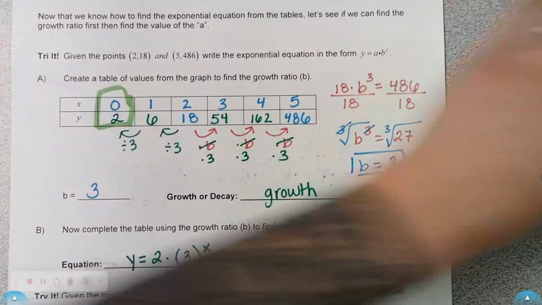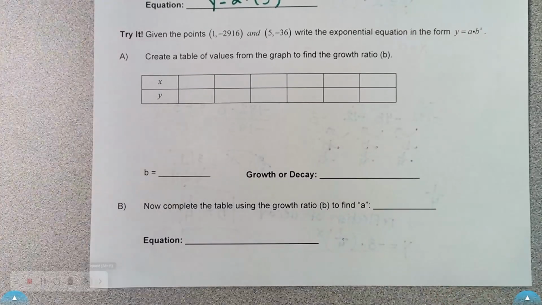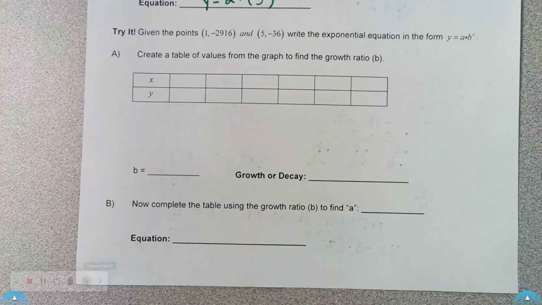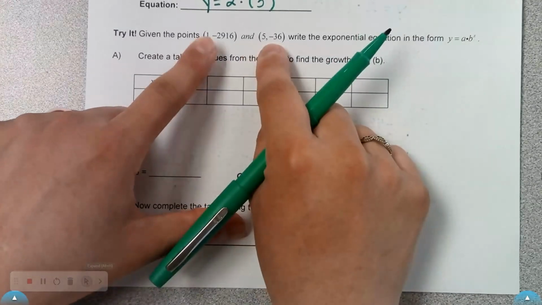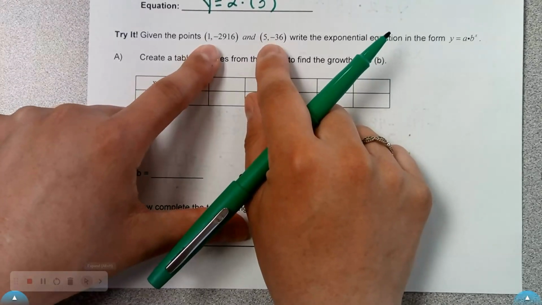All right, we have one more. All right, so you have 2 points, and we're doing the same process. You'll notice that you don't have your start, your A, so you are going to have to work for it. Let's think about our x values. We have 1 and positive 5, so you want to think about and go in order.